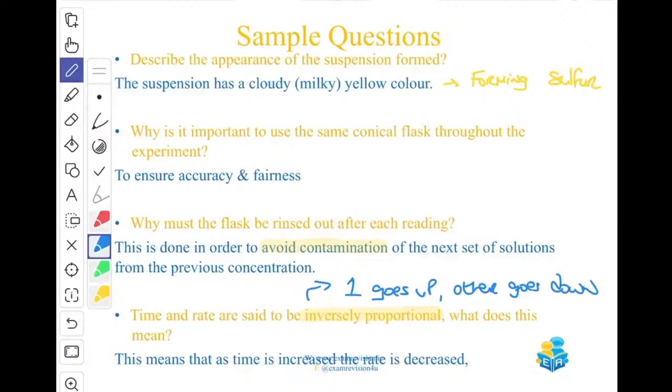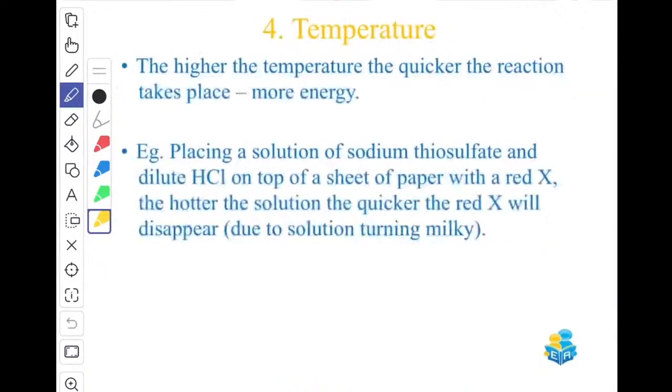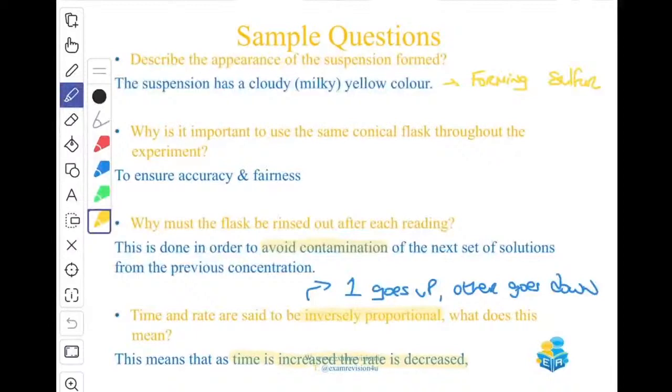So we can see here, this means that as the time increased, the rate decreased. So as the time went up, the rate got slower. You'll be able to see that through your graph. So that is your concentration experiment complete.